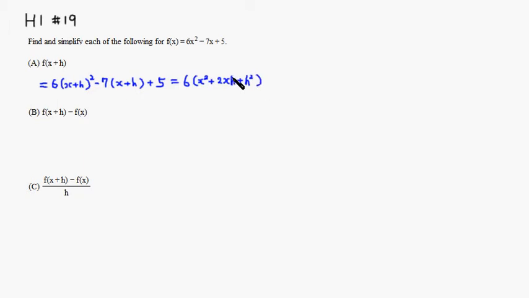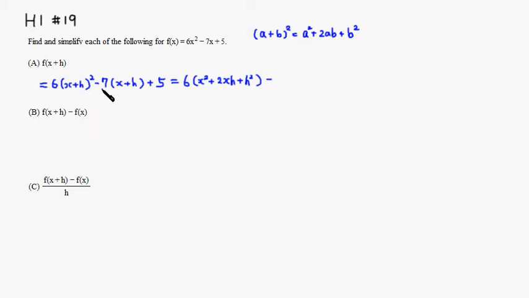Note that I'm just using, you've probably seen it, that when you have quantity a plus b squared, it is simply a squared plus 2ab plus b squared. I'm pretty sure you have seen this before.